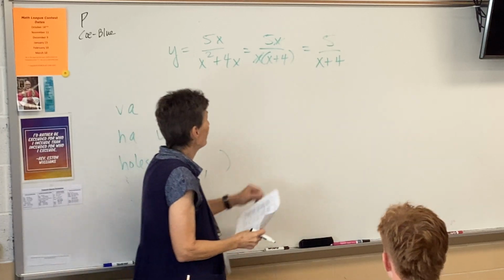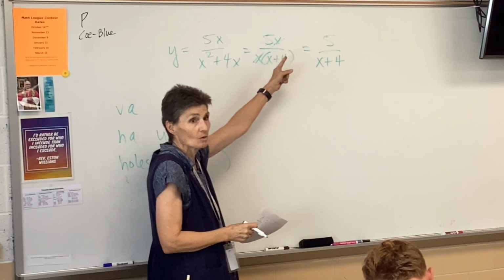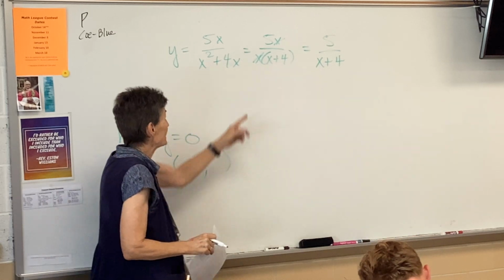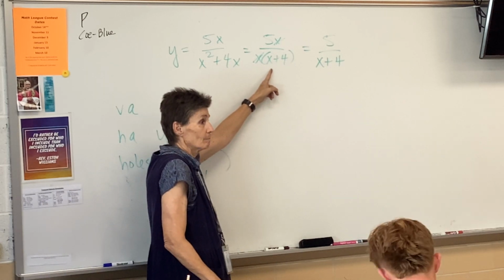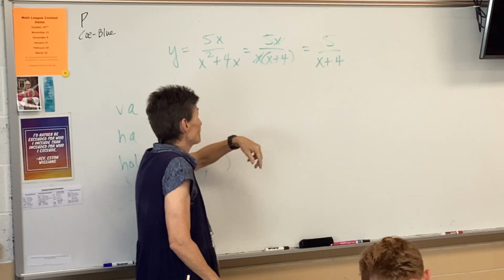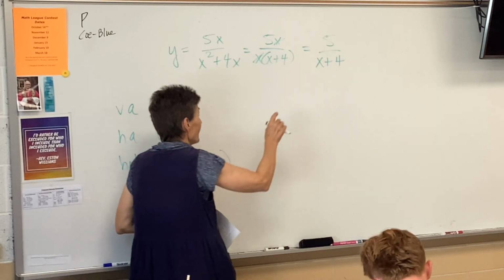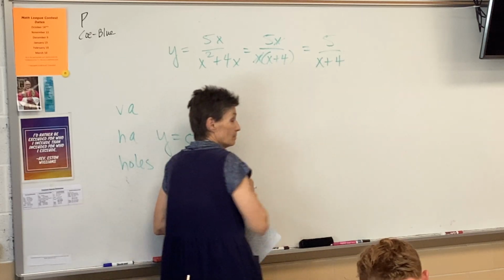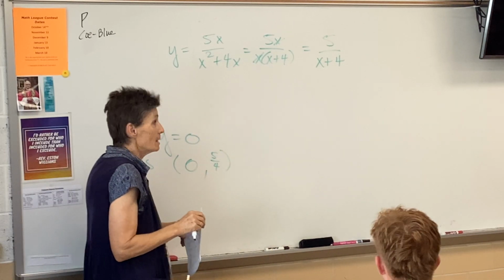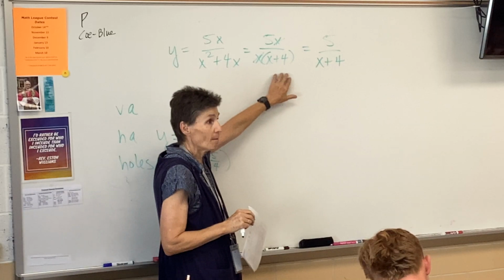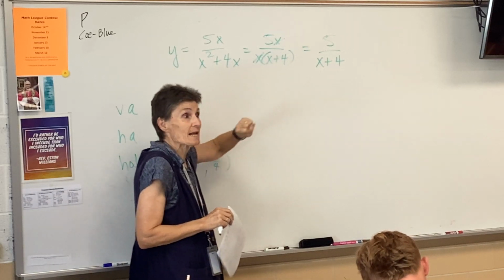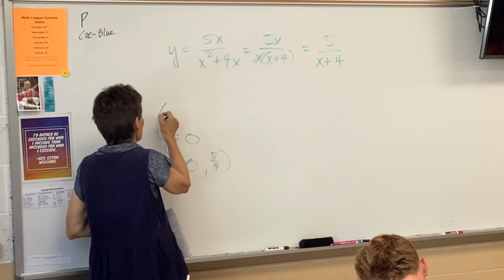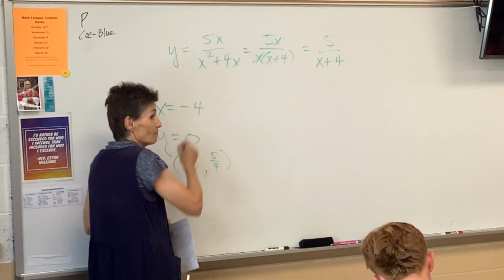And the hole is the factor that canceled out, which is x equals 0. Put it back in, and I get 5/4 when I put in 0. Now, I still have a denominator. That means I still have a vertical asymptote, and it will be x equals -4.